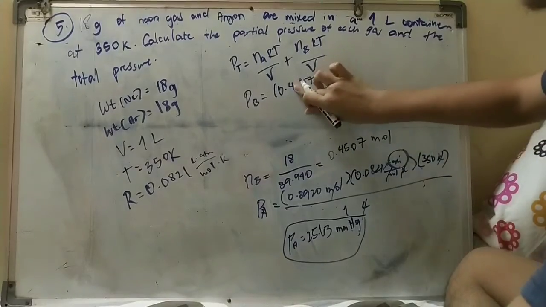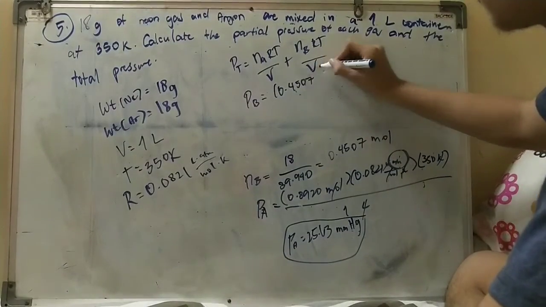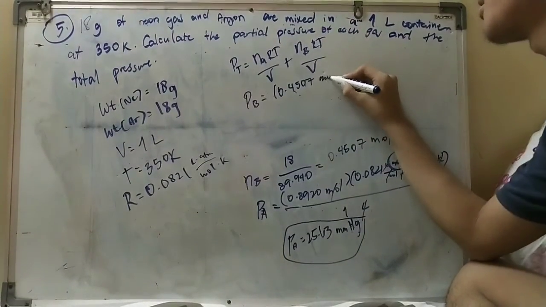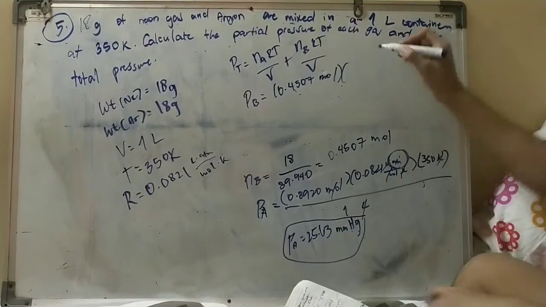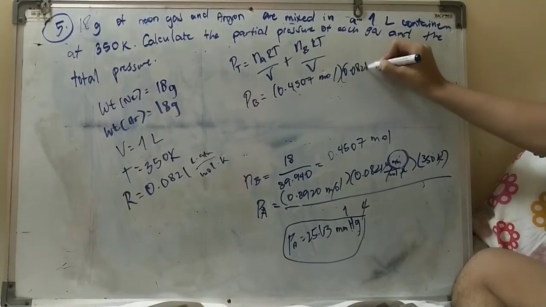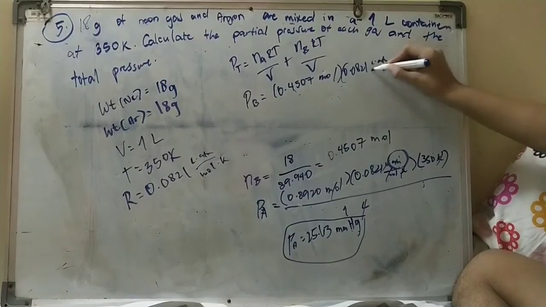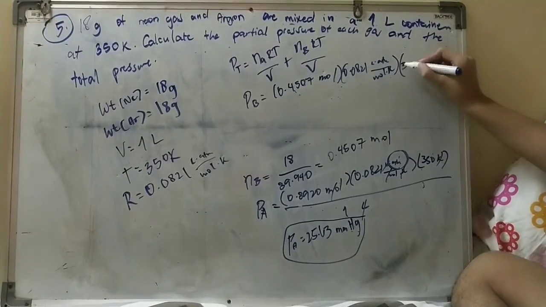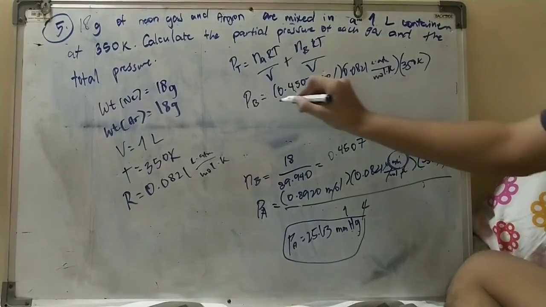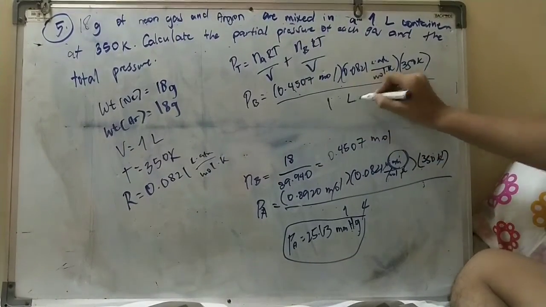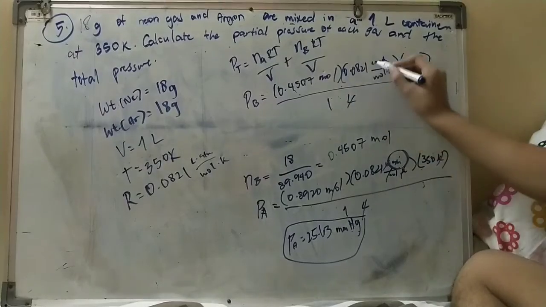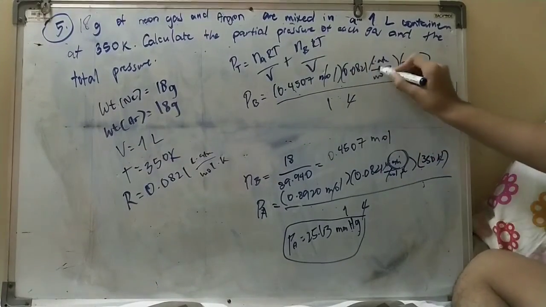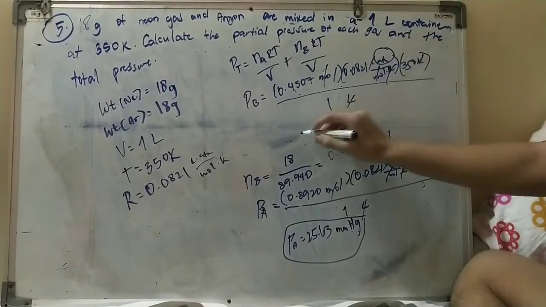Sorry for the handwriting. Our gas constant being 0.0821 liters times atmosphere over moles times Kelvin. And our temperature being 350 Kelvin all over 1 liter. After that, we cancel the standard units, mole, mole, Kelvin, Kelvin, so that atmosphere is left.